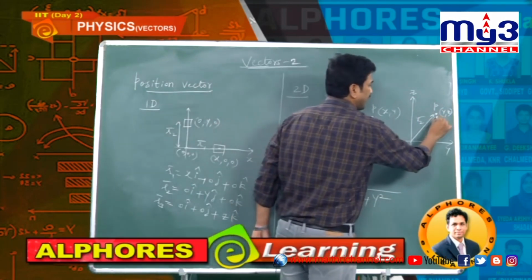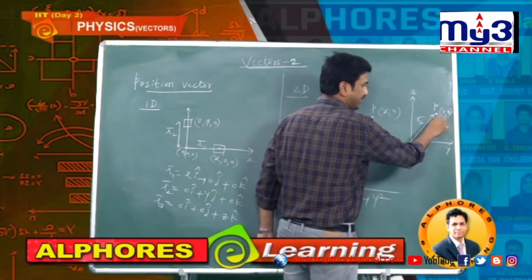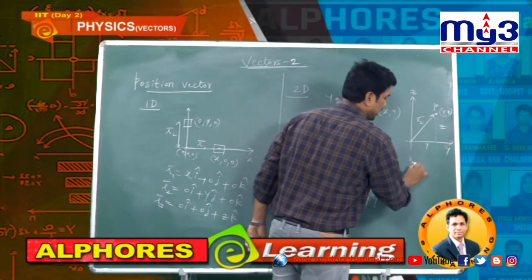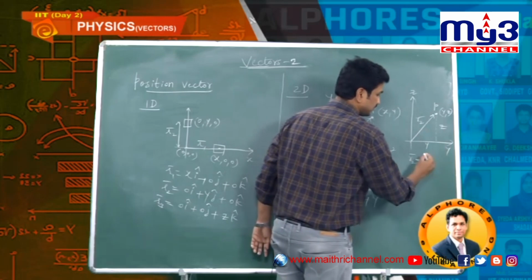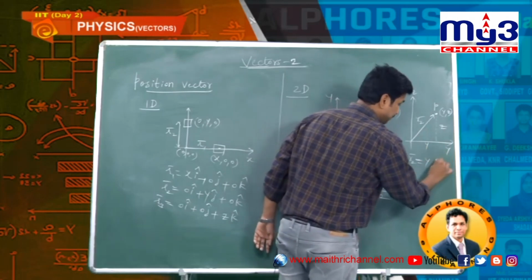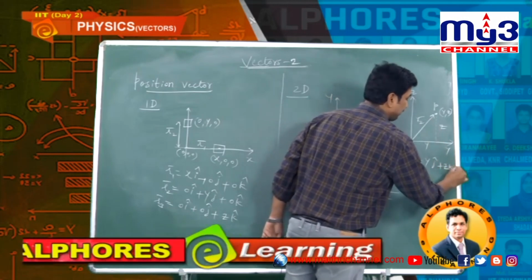Now along y direction it has to move y, and along z axis it has to move z. Now position vector r2 bar is equal to y j cap plus z k cap.